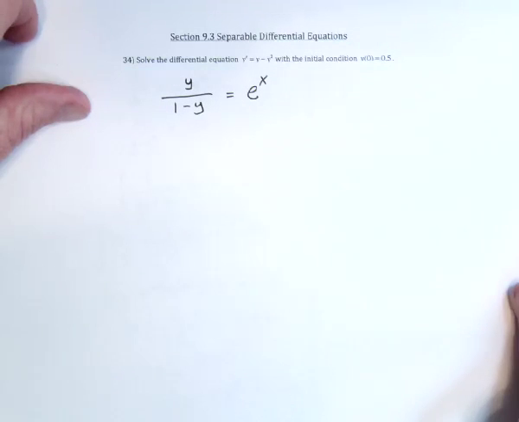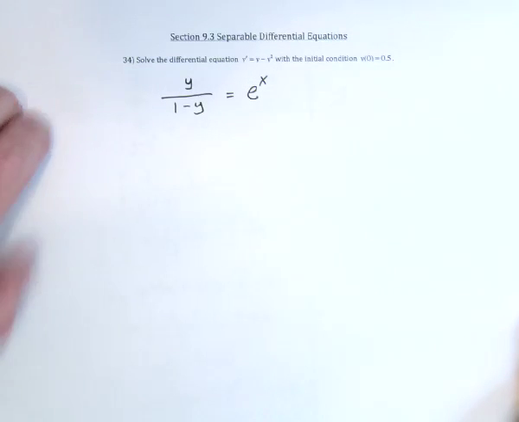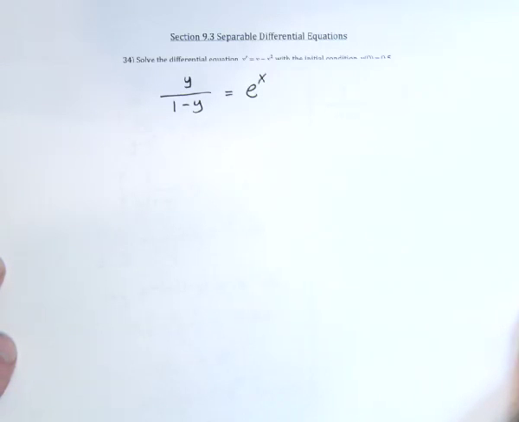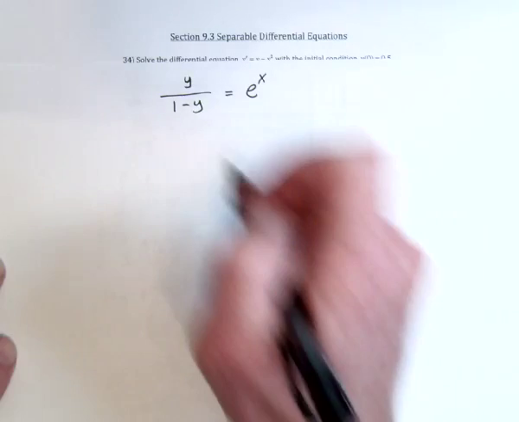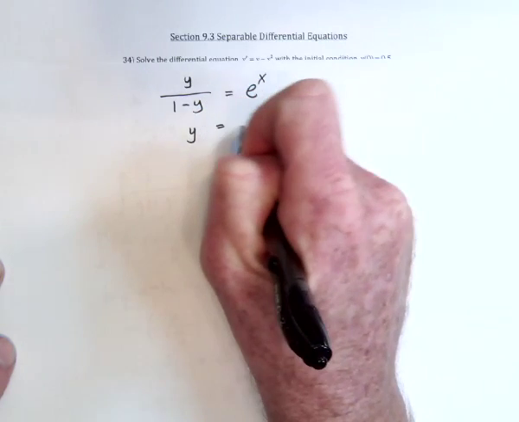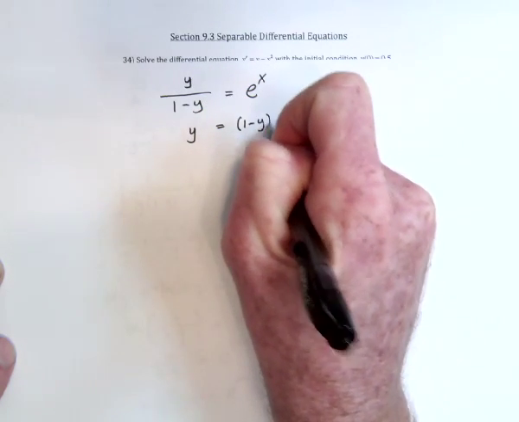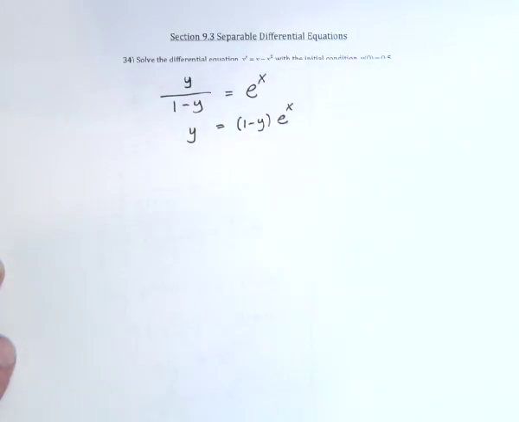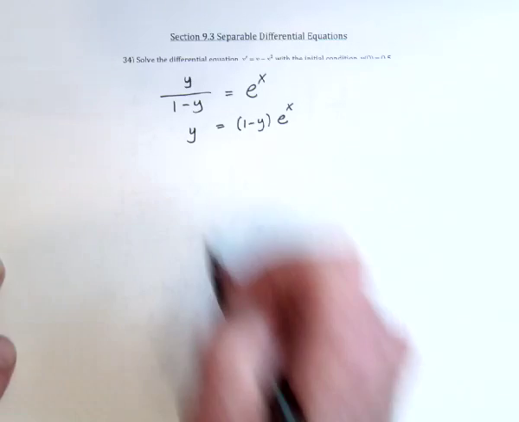Then, can we solve for y? Well, let's see. We could multiply both sides by 1 minus y. It's at least something to do while thinking about how to solve this. I could then distribute e to the x.